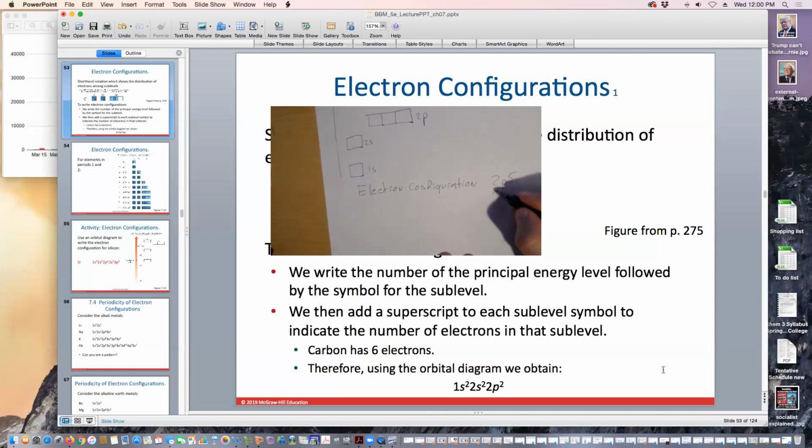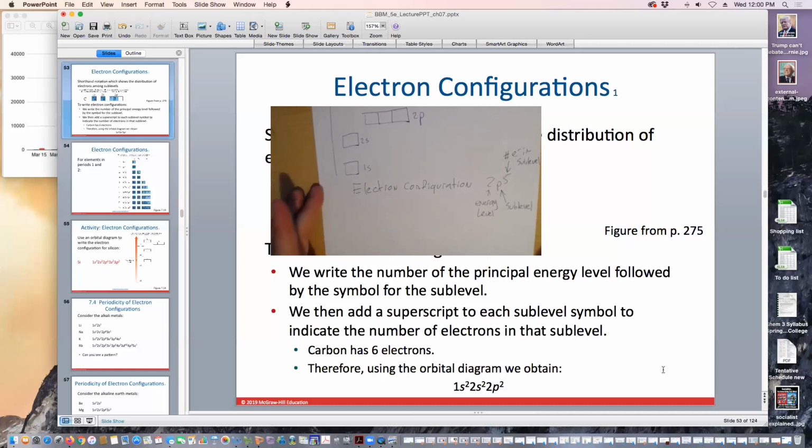So the big number in the front is the energy level, right? The lowercase letter is the sublevel, which includes all the orbitals that it has. And then the superscript is the number of electrons in that sublevel, right? And so this is a very succinct way to talk about the anatomy of an atom, if you will.